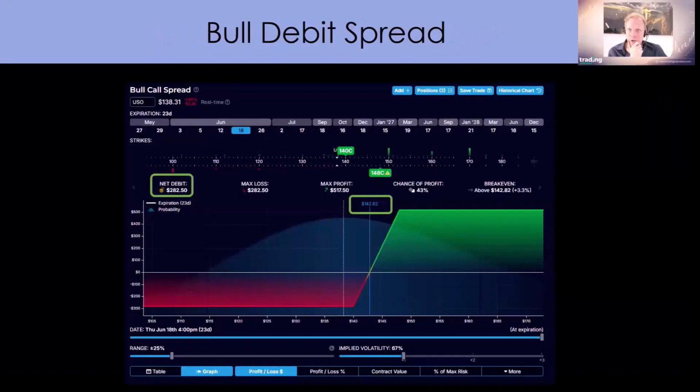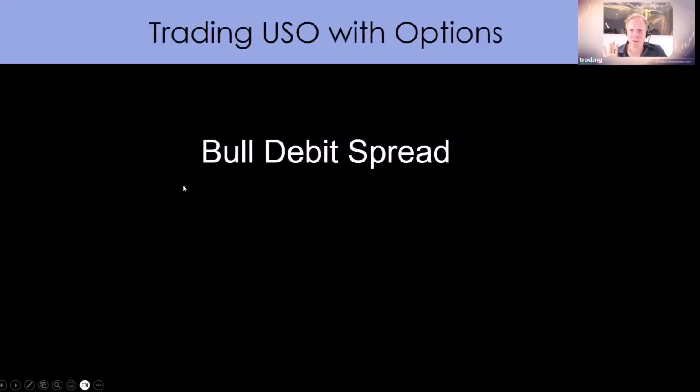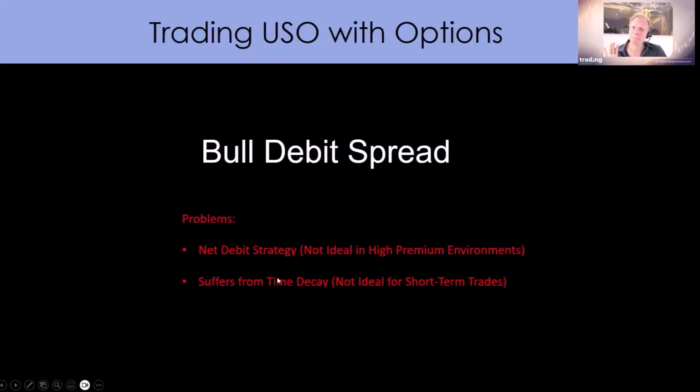All right, so let me go back to my slides. So this is the bull debit spread. It will reduce the premium quite a bit. But let's think this a bit further through. Now, to me, for this particular trade, there are at least two problems with it.